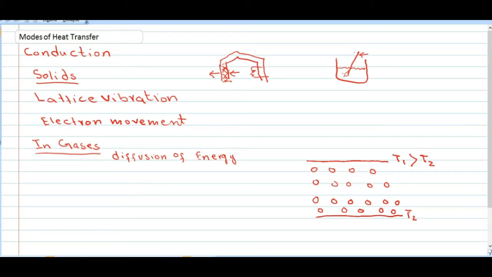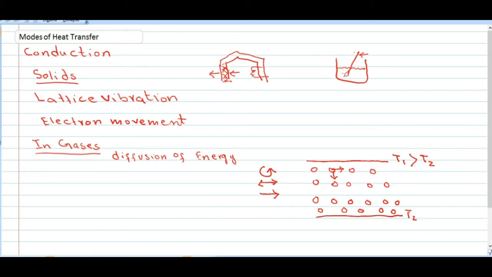These molecules have high energy, therefore they collide with the neighboring molecules of low energy and transfer their energies to the neighboring molecules. These molecules can have rotational, vibrational, as well as translational movements. Therefore, these molecules have rotational kinetic energy, vibrational kinetic energy, and translational kinetic energy.